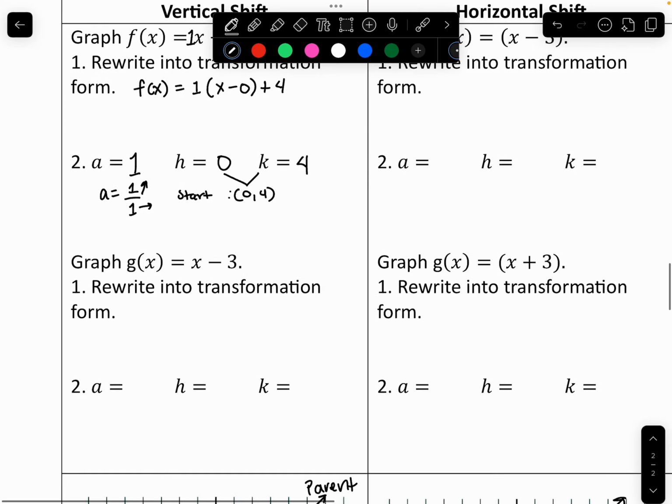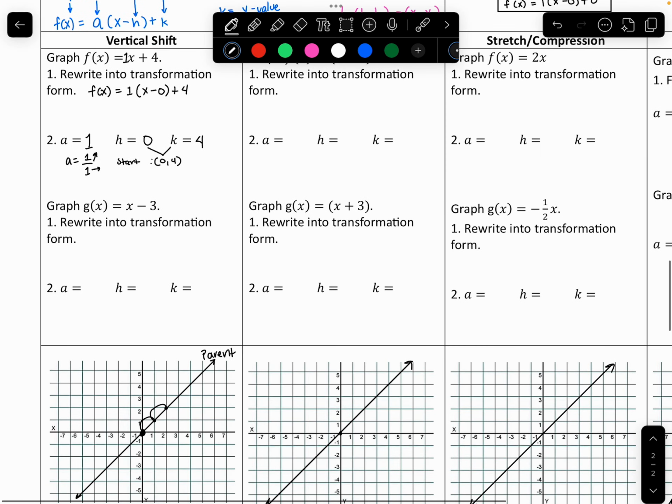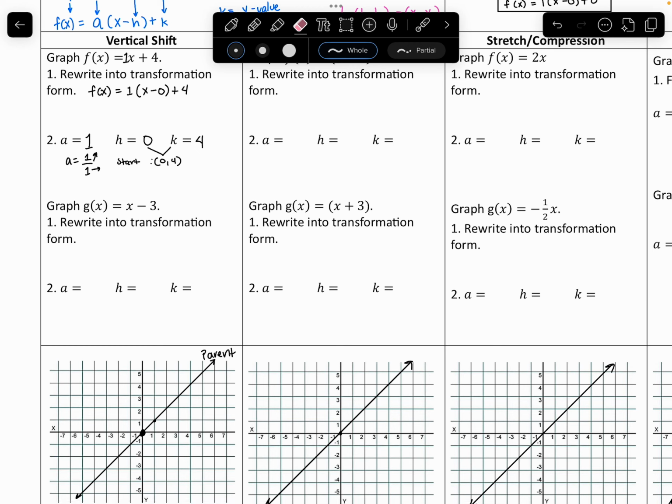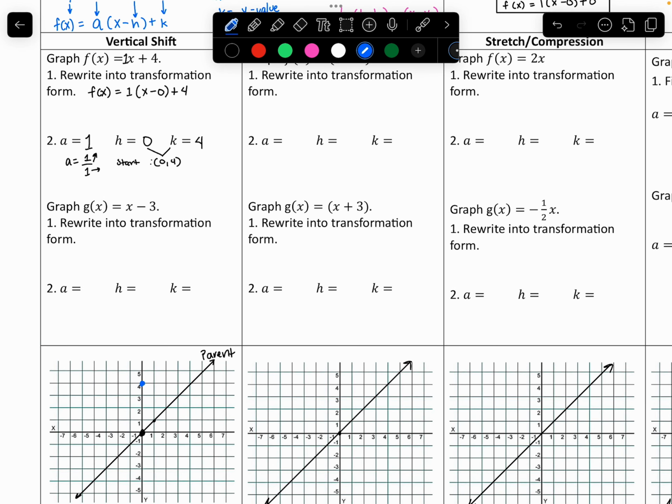So let's go ahead and use a different color. You guys should have color pencils. Go ahead and use blue. If you guys can also erase this part. Okay, use blue. You guys are going to start at 0, 4. And I go up 1 to the right 1. Okay, and then go ahead and draw your line. Make sure they're straight.